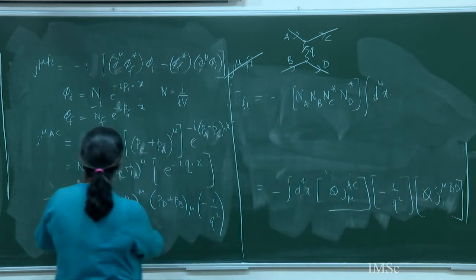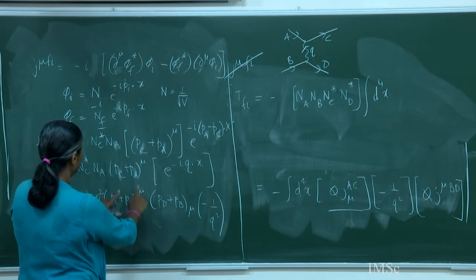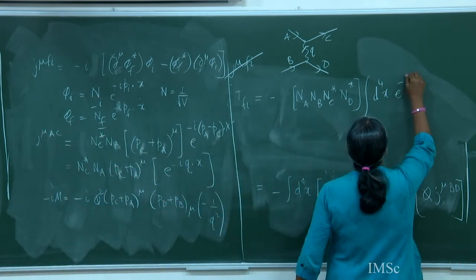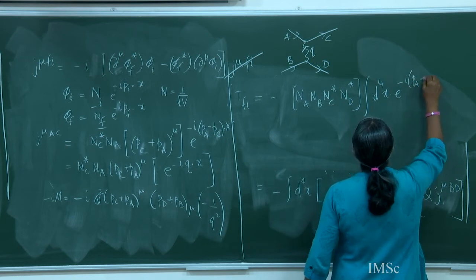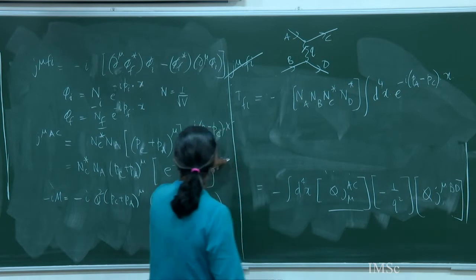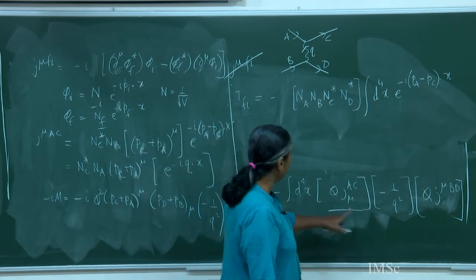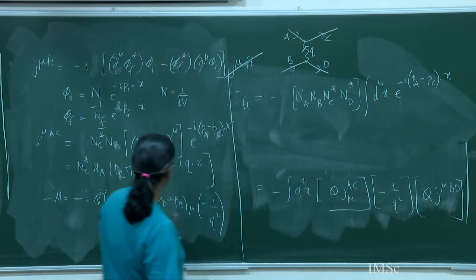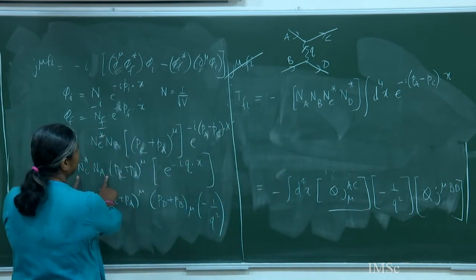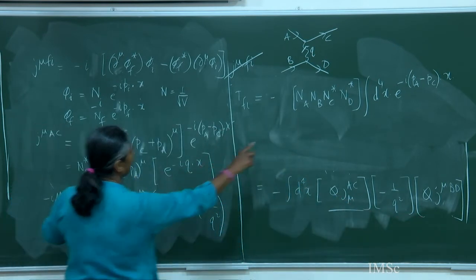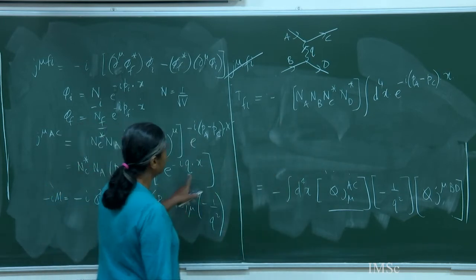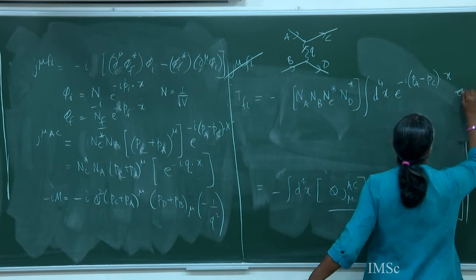I have taken the n's into account, I have put this into the m, so I have an e to the minus i (PA minus PC) dot x coming from here. Then I have taken out the minus 1 by q squared over here, and from the other term I have taken out this nd star nb. This PD plus PB mu I have taken out, and so I have only been left with this.